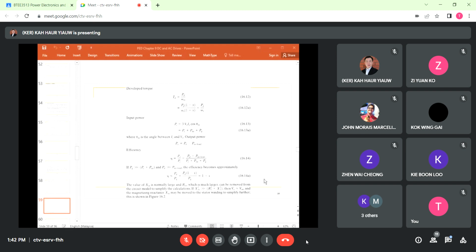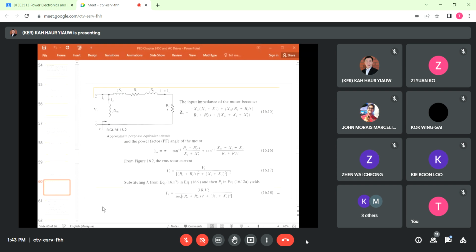Also, if Xm squared is a lot greater than Rs squared plus Xs squared, then the voltage Vs is approximately equal to Vm, and the magnetizing reactance Xm can be moved to the stator winding to simplify further. This is shown in figure 16.2.